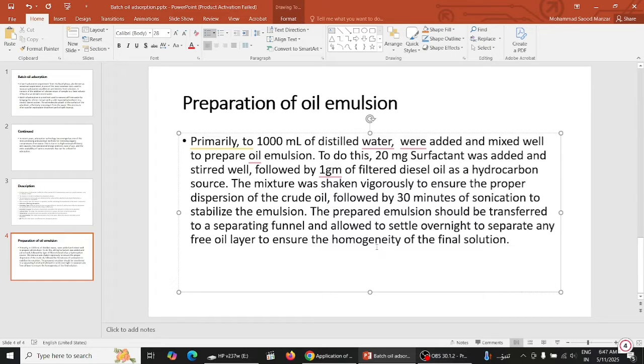So this SDS or surfactant will facilitate the mixing of oil with the water. The prepared emulsion should be transferred to a separating funnel and allowed to settle overnight to separate any free oil layer, if there is a free oil layer even after mixing with the oil and SDS. So this will ensure the homogeneity of the prepared final solution.